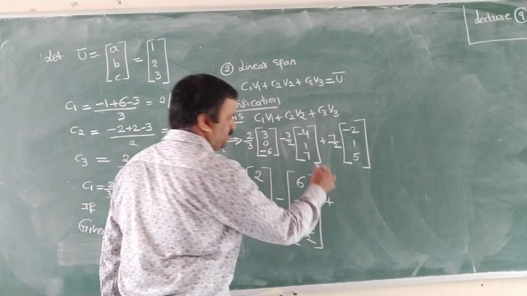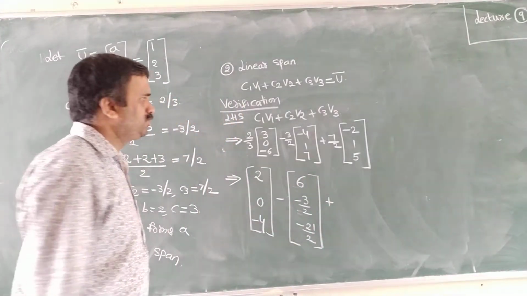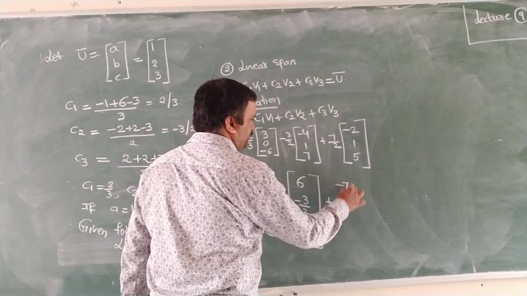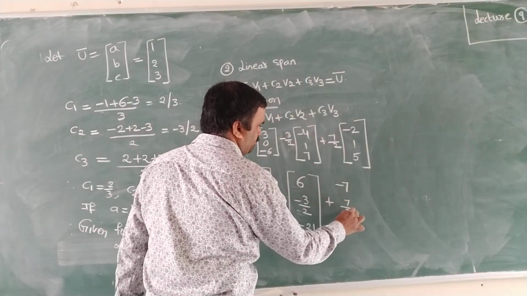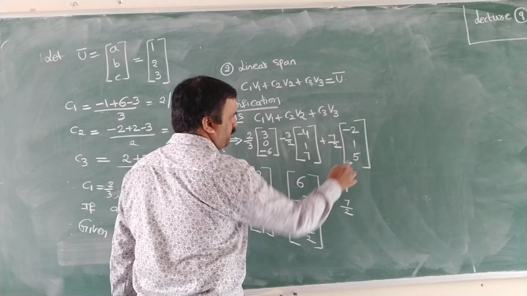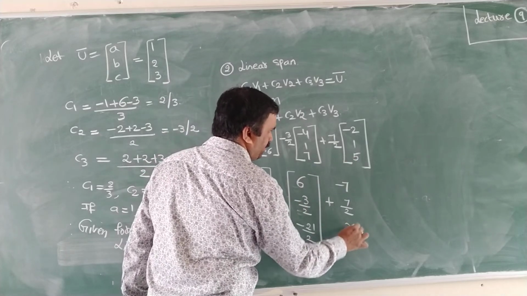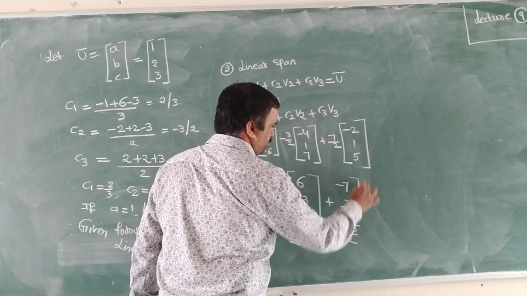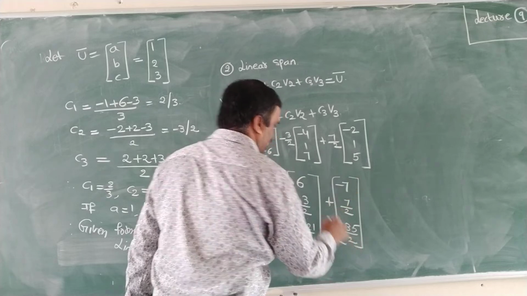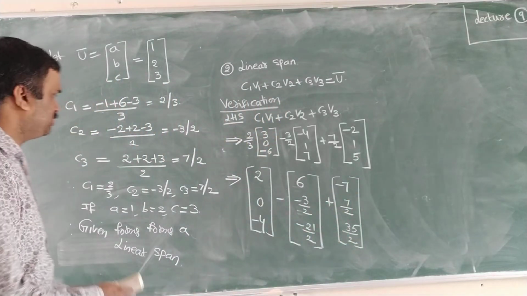Plus 7 by 2 times minus 2 is minus 7, 7 by 2 times 1 is 7 by 2, and 7 by 2 times 5 is 35 by 2. Now we add these three vectors.